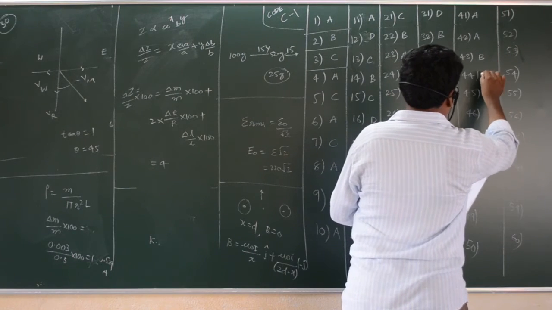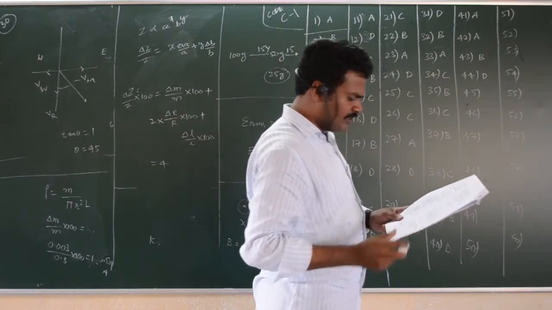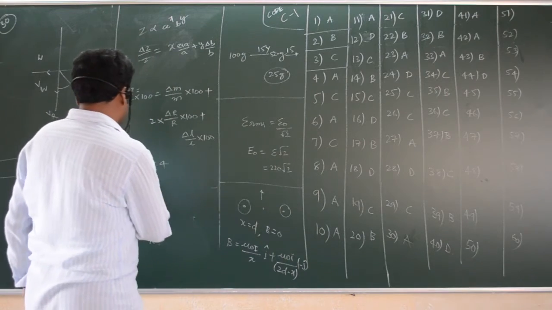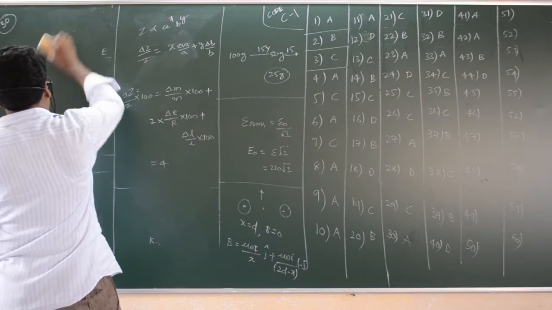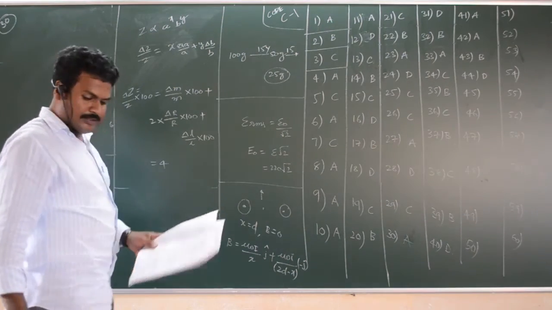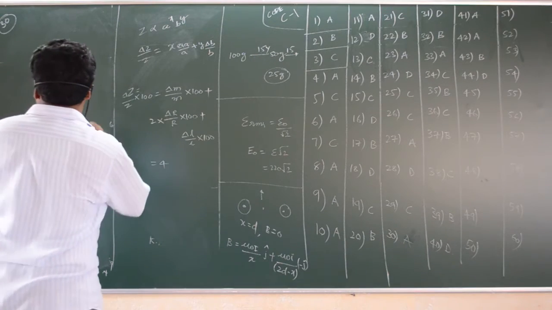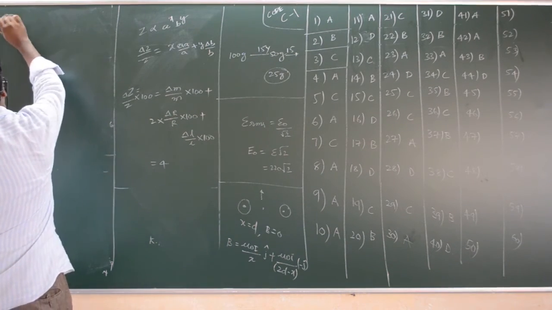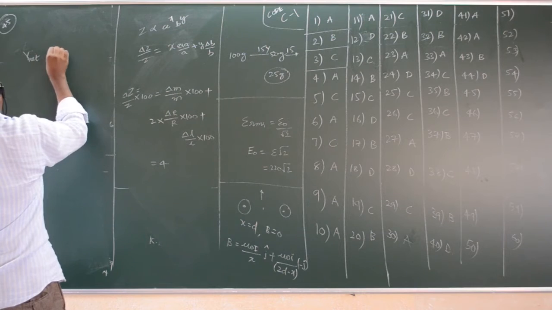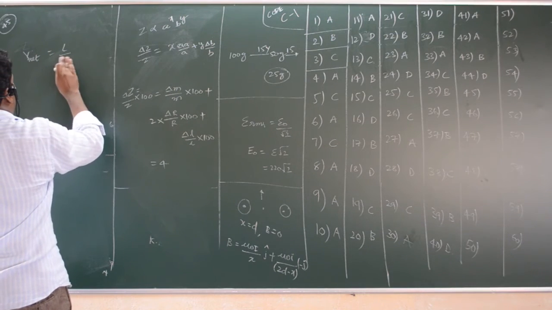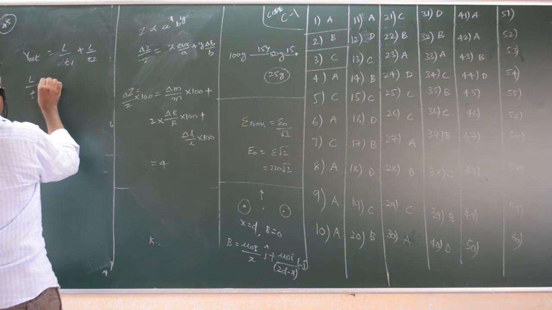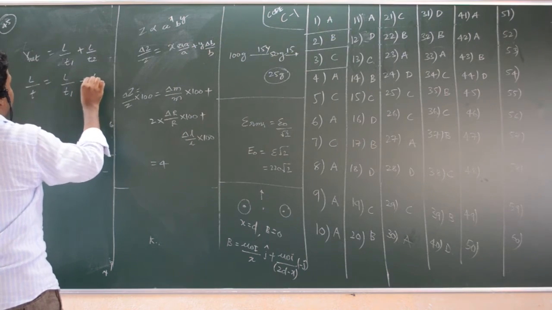44 is D. 45: when a girl walks up an escalator, the net velocity of the girl is equal to L by T1 plus L by T2, so L by T is equal to L by T1 plus L by T2.